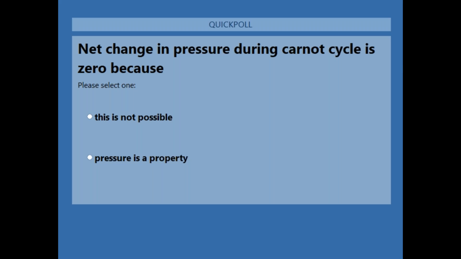About 80% of the students have understood why the net change in pressure during the Carnot cycle is zero. Let me share these results with you. I'll wait for 2 minutes before I end the poll, and I will discuss this again because this is an important point we need to appreciate.